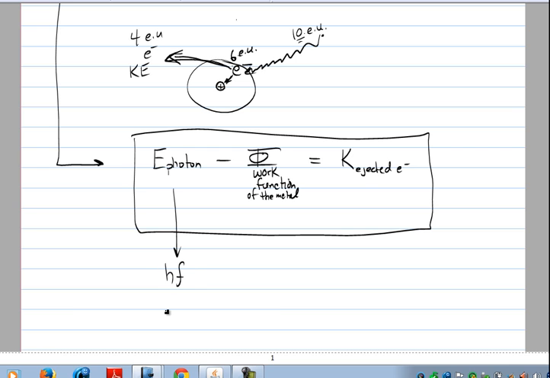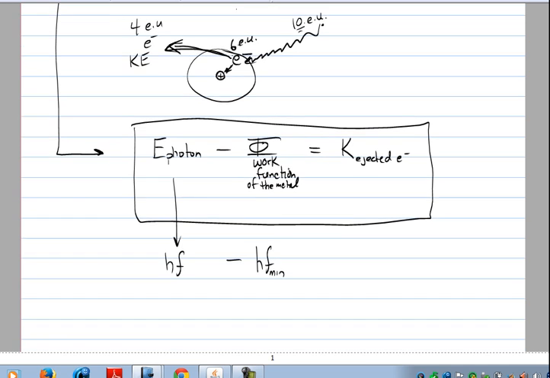This could be hf. The work function is going to be, we can equate that with the energy of a photon that just barely ejects an electron, not quite. So we could call this hf min. Whatever that minimum frequency of light times h will give you the photon that almost knocks the electron out of the atom.